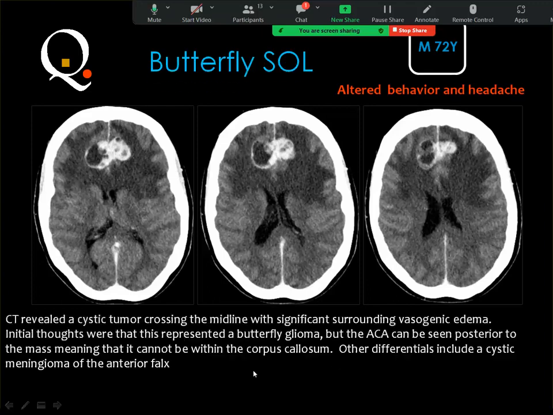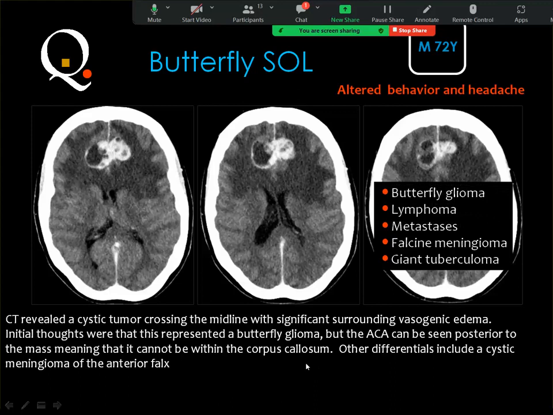And the butterfly space occupying lesion can fit many diagnoses, like butterfly glioblastoma multiforme, lymphoma, metastasis, meningioma sometimes, and giant tuberculoma is included in the differential diagnosis.